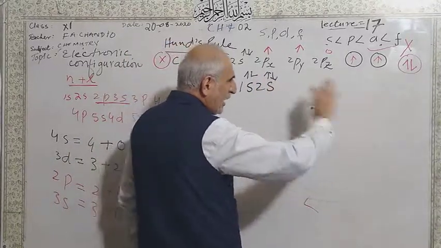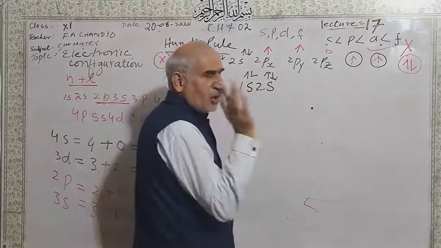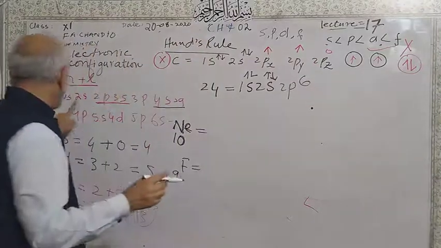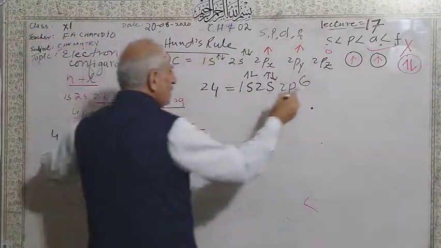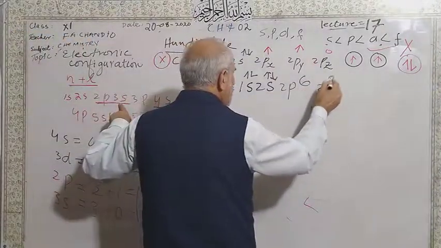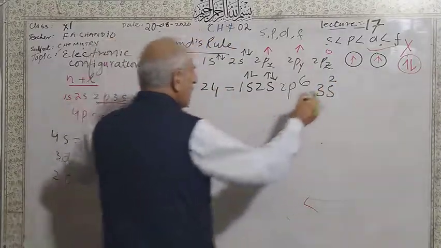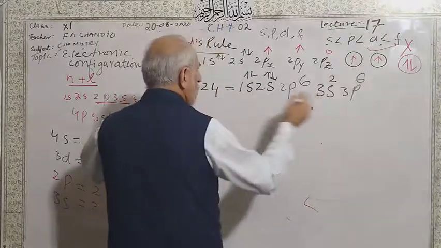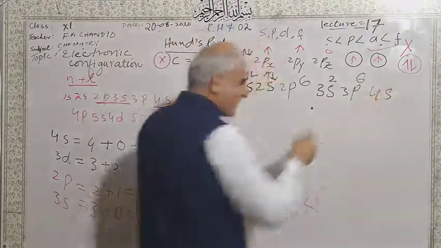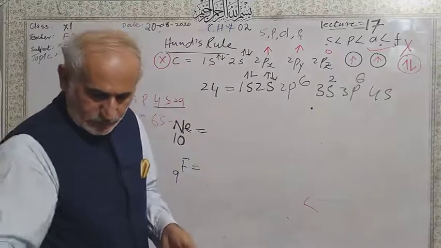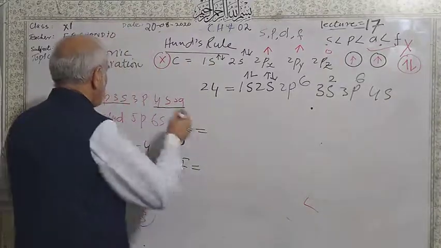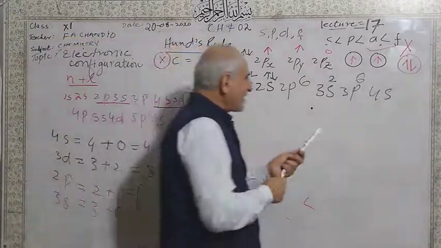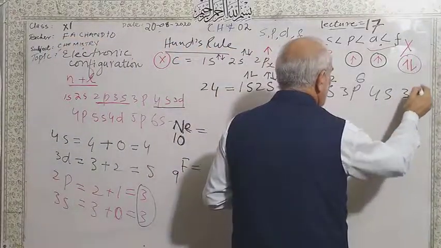I am writing the general electronic configuration, not explaining all the rules. 2p6, okay, then 4s, 3d.